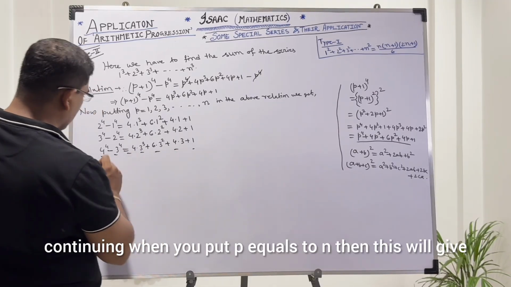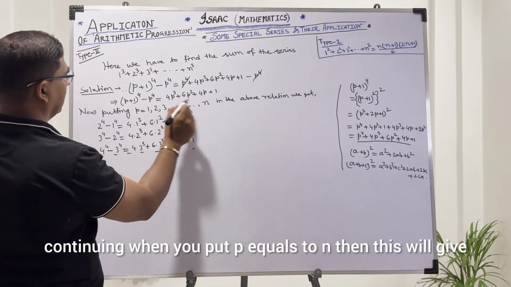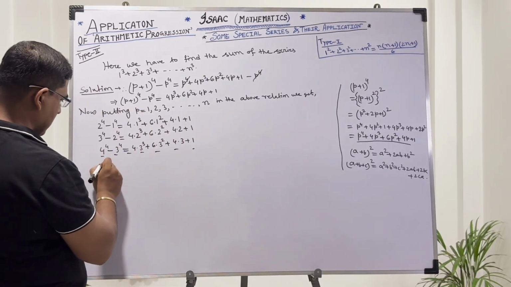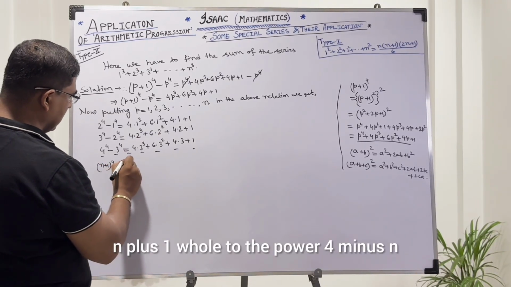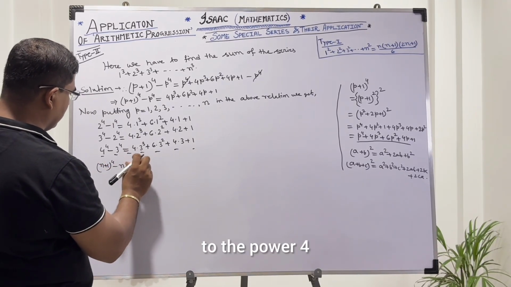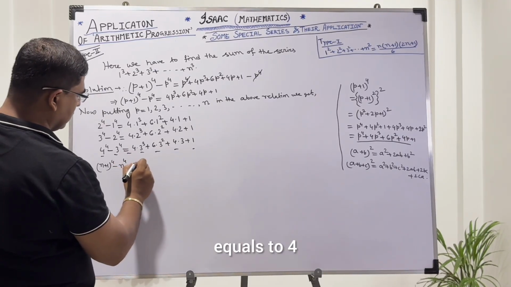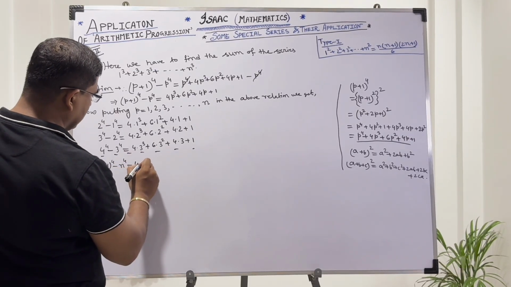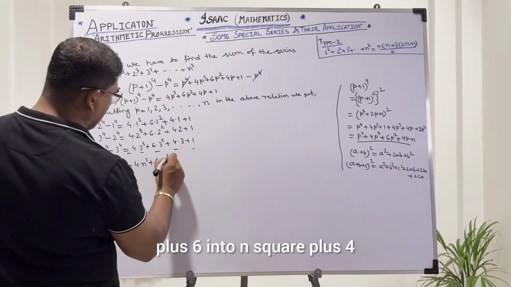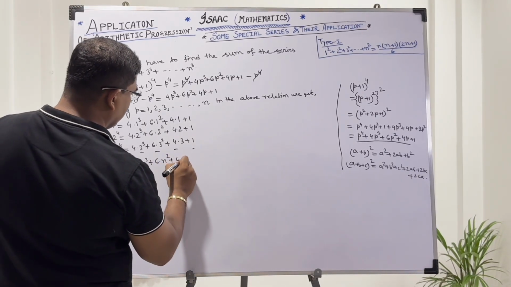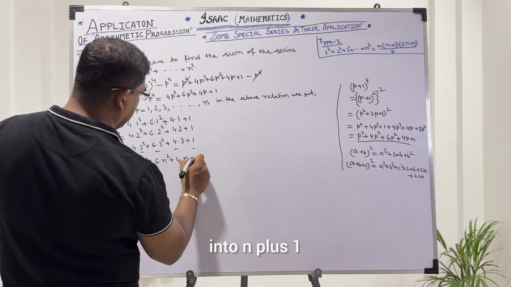Continuing, when we put p equals n, then this will give (n+1)^4 − n^4 = 4n^3 + 6n^2 + 4n + 1.